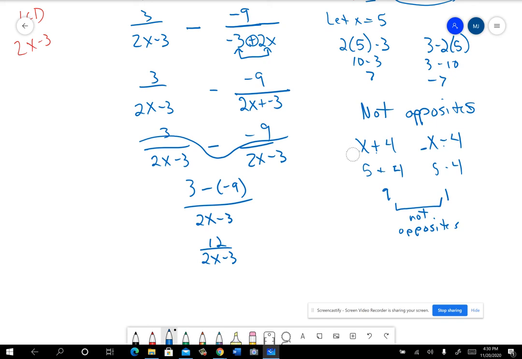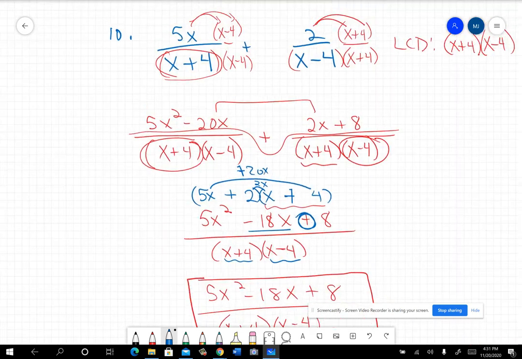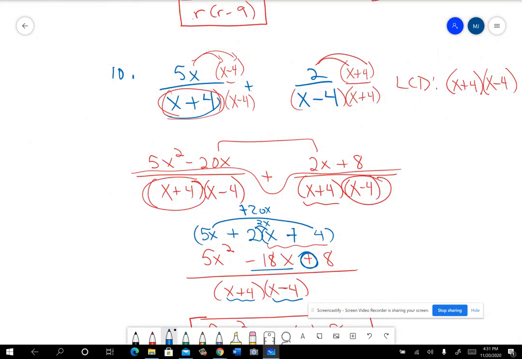Okay? So you can't use that idea if the denominators were x plus 4 and x minus 4 like they were on number 10 up here, where I had an x plus 4 and an x minus 4. I had to get a common denominator. I had to use both of those for my least common denominator.